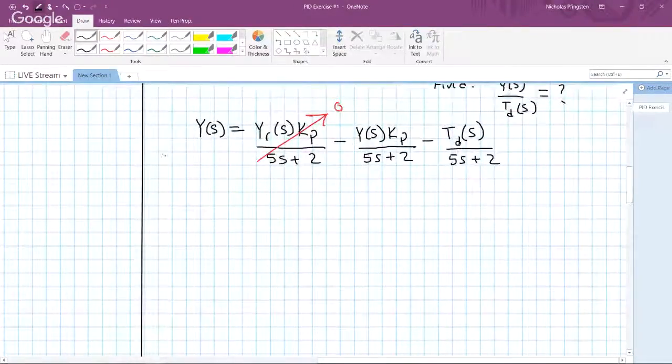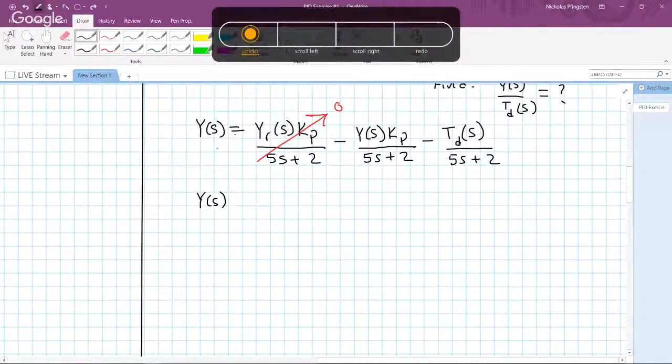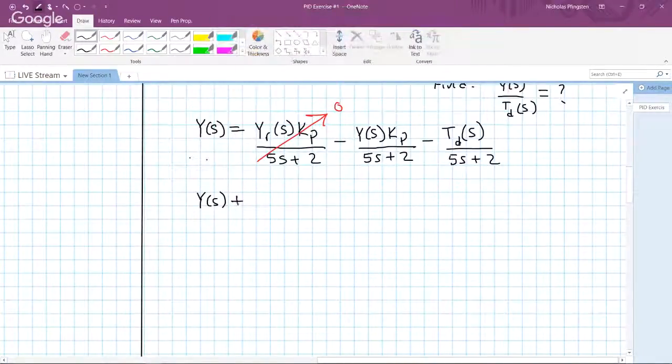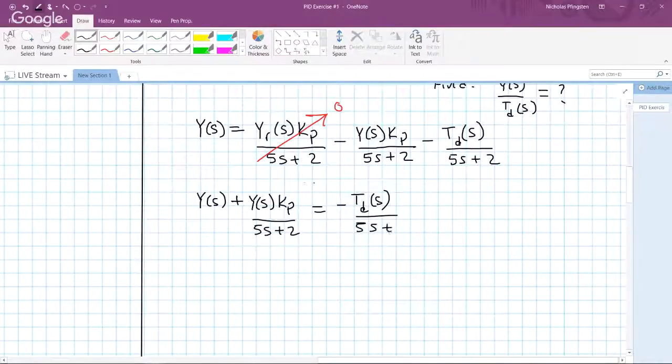So I'm going to rearrange, and we're going to get this disturbance transfer function. So y of s, hold on, okay, plus, because I do everything the hard way. I don't do it the easy way. 5s plus 2 equals negative T sub d of s, 5s plus 2.